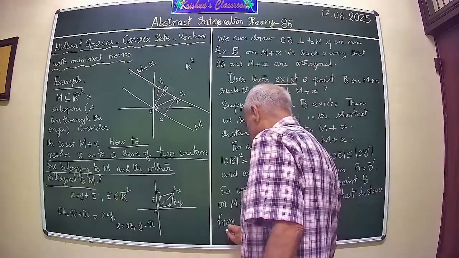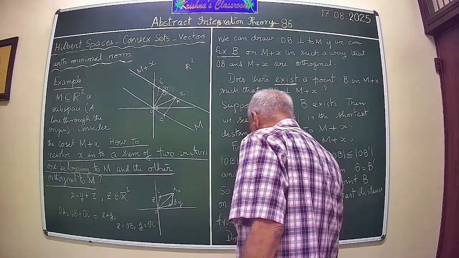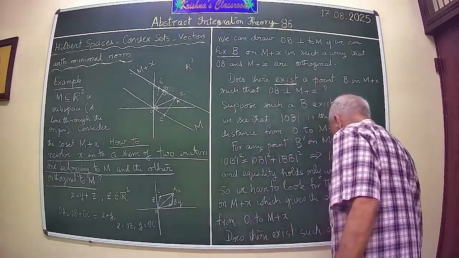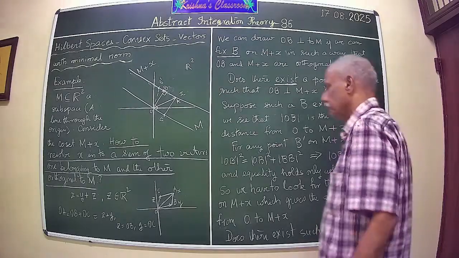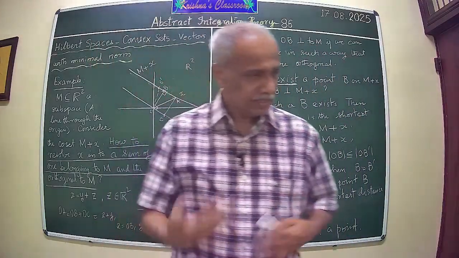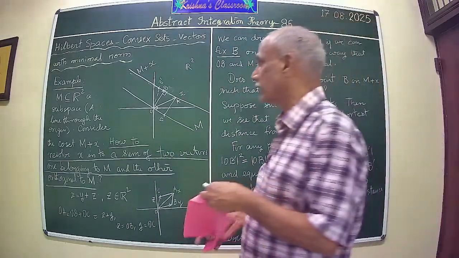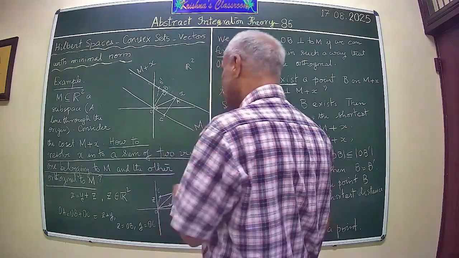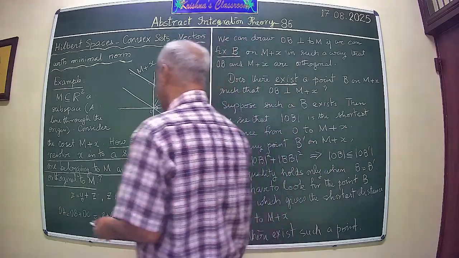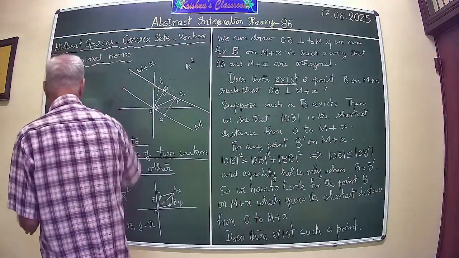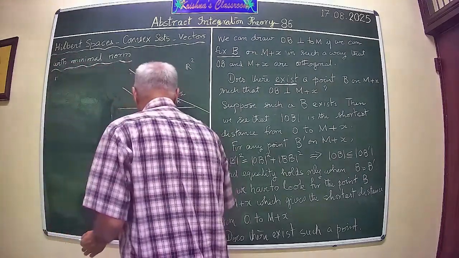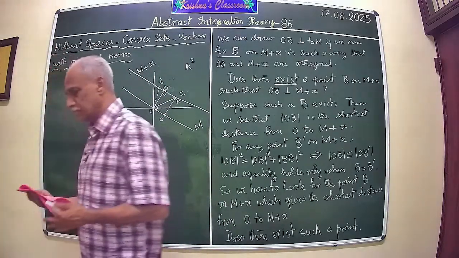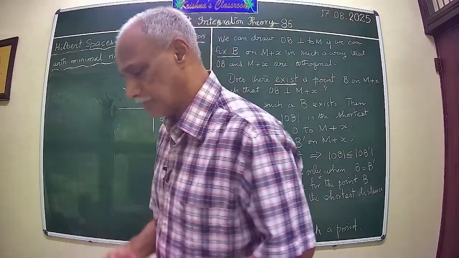Okay, so what we have is that, because we are trying to generalize this problem, not to exactly this M plus x, but to some set. Okay, what are the properties that M plus x has? Let me look at these properties of M plus x. See, M plus x is a coset, it's not a subspace. In general, it is not a subspace, right?